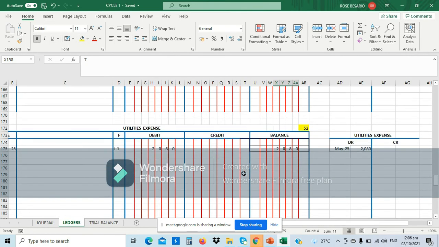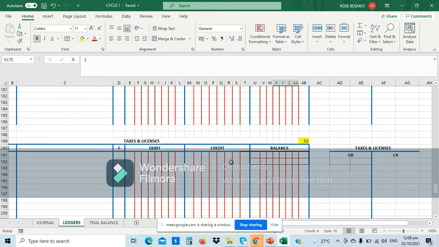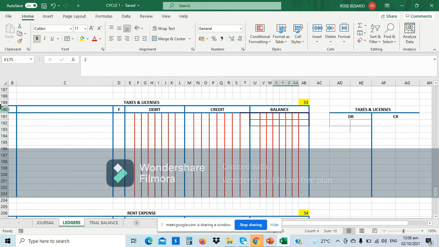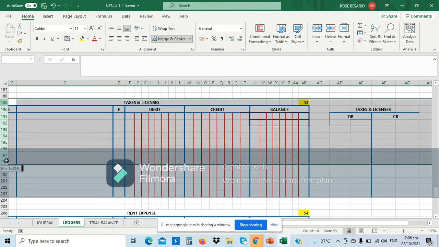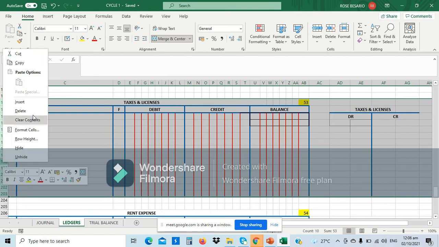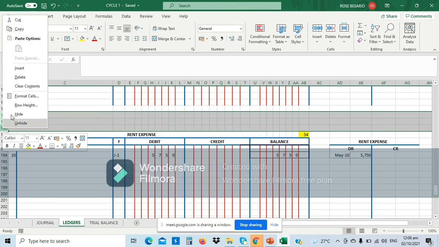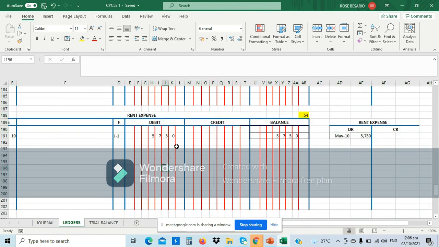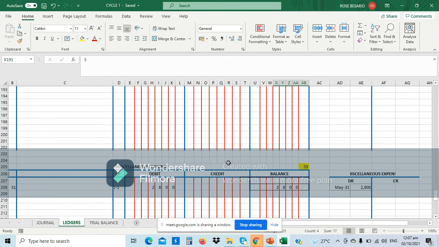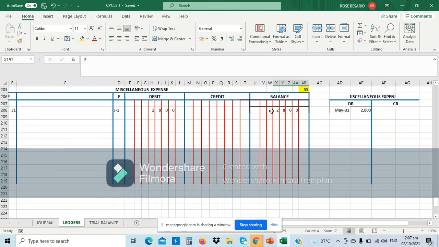Then we have utilities expense for 22,080. Then we have taxes and licenses. We don't have taxes and licenses, so we just remove this one. Then we have rent expense 5,750 and miscellaneous expense of 2,800. Okay, so with this, we are now ready to prepare the trial balance.